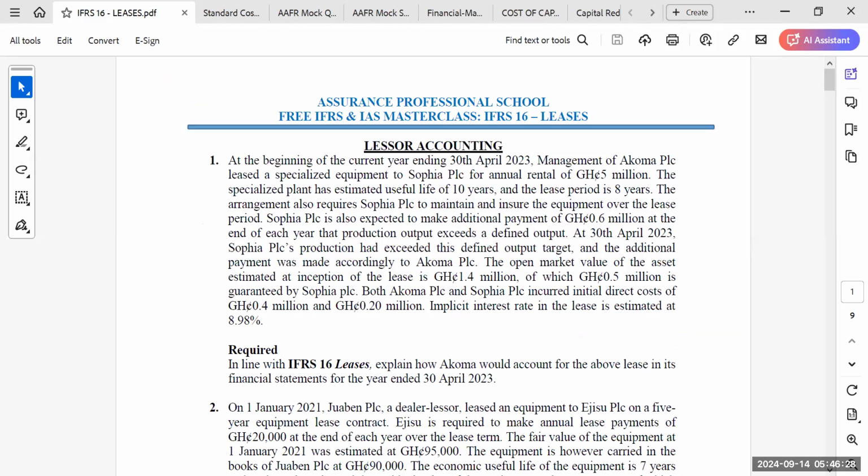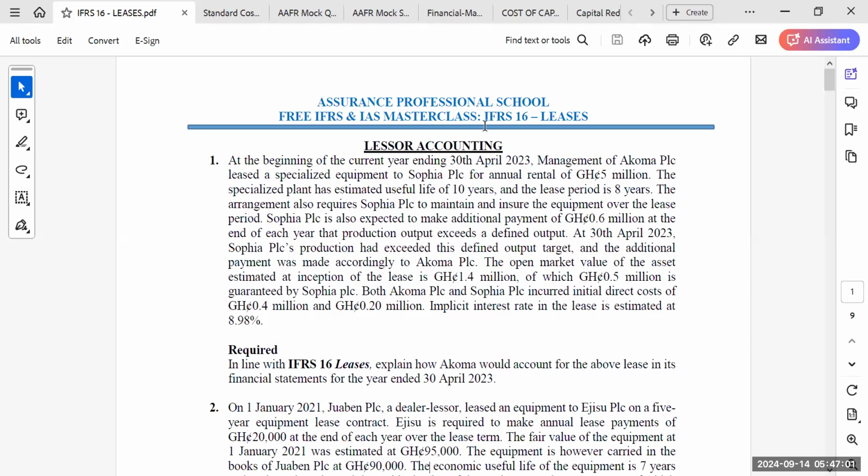So we only factor in those ones that you have no choice to avoid. But for the variable payments, there is no obligation at the start of the arrangement to receive that amount of money. So we only discount those amounts that we are obligated to receive. So the variable payment will come as other income in the statement of profit or loss when it has been achieved.